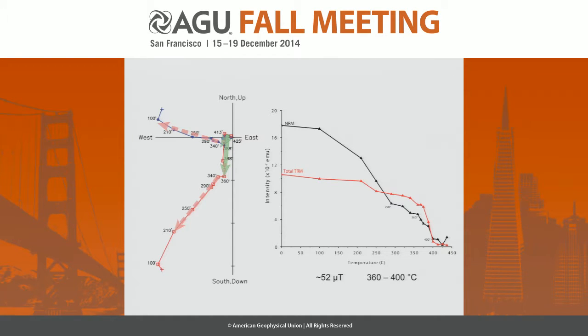This is very preliminary work, but we have thermal demagnetization data. After removal of a lower temperature viscous component, we still see a stable remanent magnetization. In the paleofield, in a total TRM experiment, this higher remanent magnetization is about 52 microtesla. This is another high field suggesting it was formed in the presence of a dynamo.